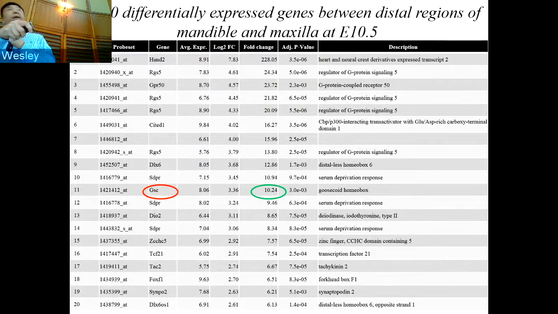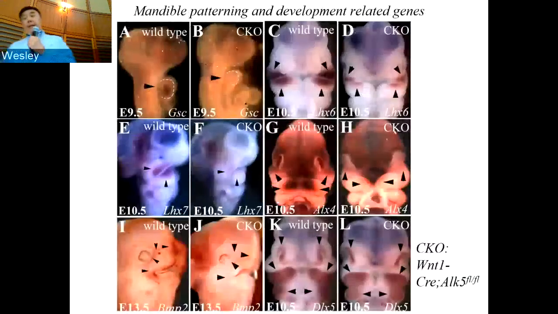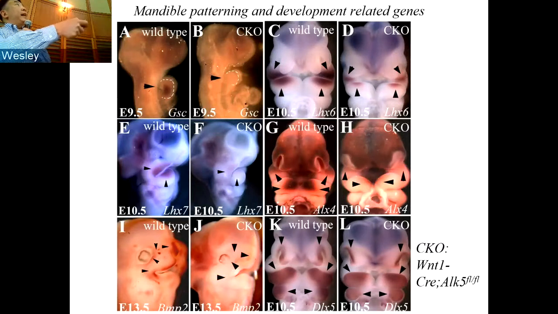And here I pick goosecoid, which is really a well-known gene involved in regulating mandible development. When we learn that, and then we come back to either whole mount in situ or section in situ analysis, I'm always really pleased to see data like this.